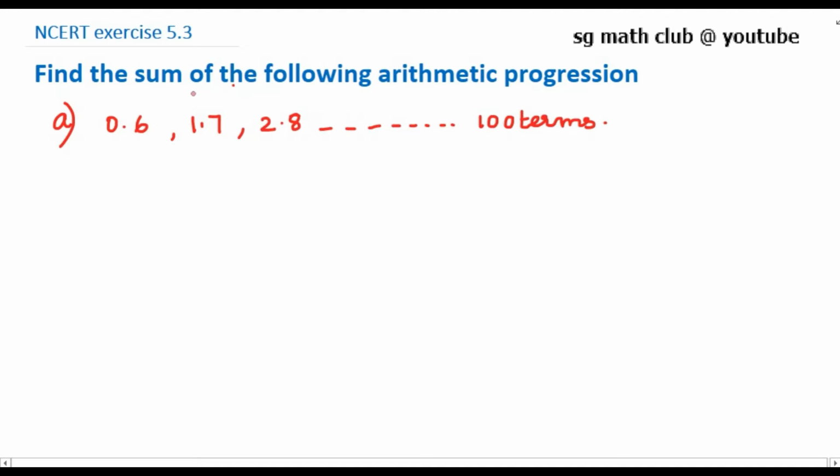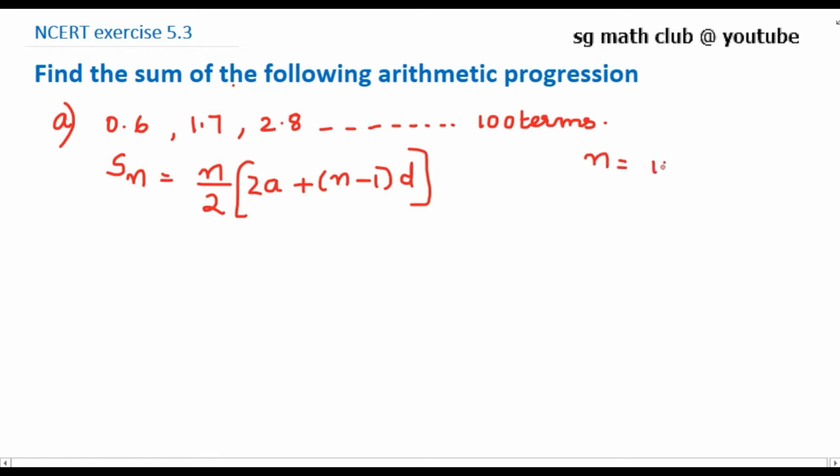First question: find the sum of the following arithmetic progression: 0.6, 1.7, 2.8, etc., up to 100 terms. First we will write the formula, Sn = n/2 × (2a + (n − 1)d).